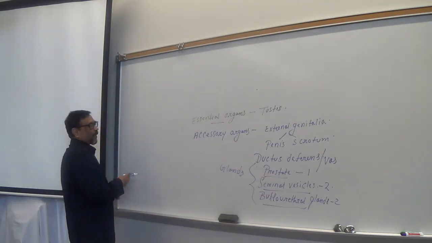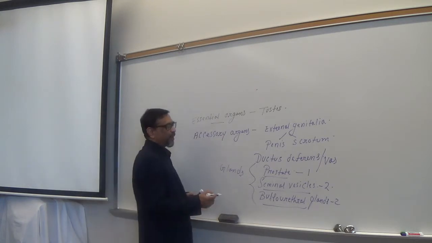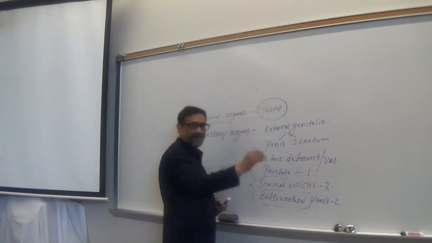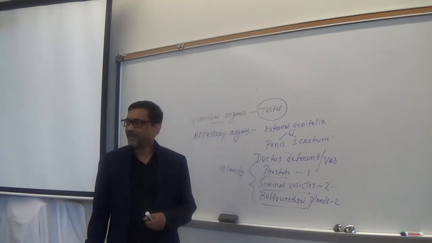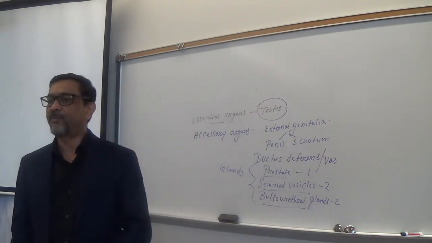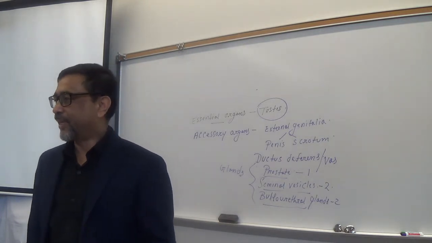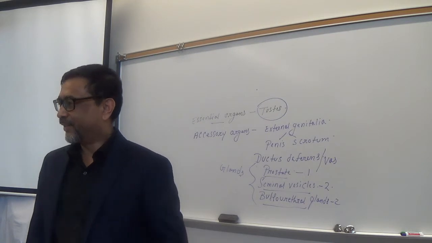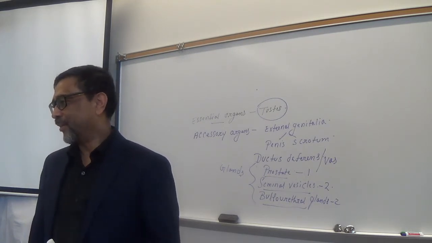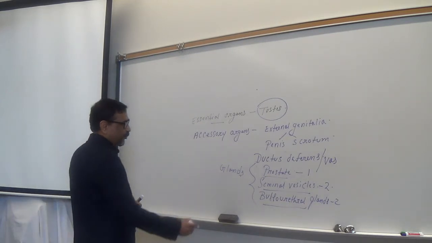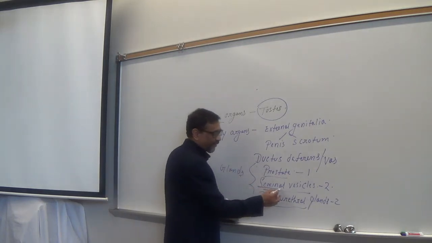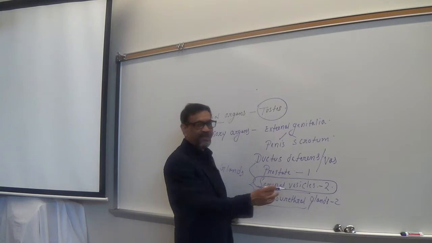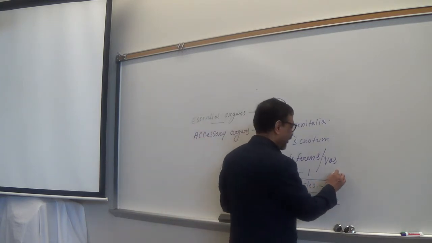Now, where are the sperm produced? Sperm are produced inside the testis, right? You all know that sperm are produced inside the testis. Now, where is the fluid, the liquid part, semen produced? Semen is produced mainly by the seminal vesicles. Okay, the fluid.